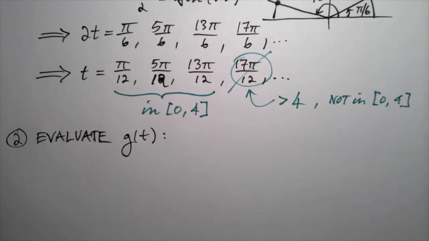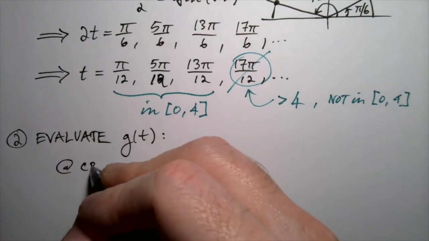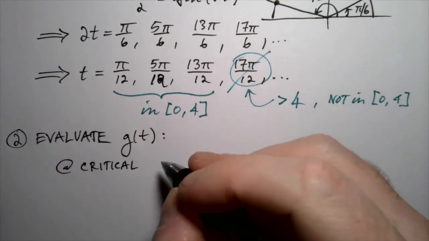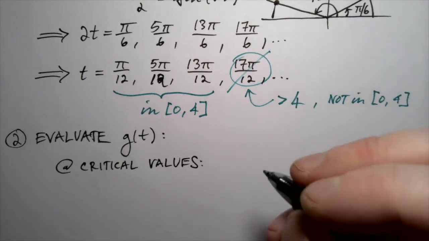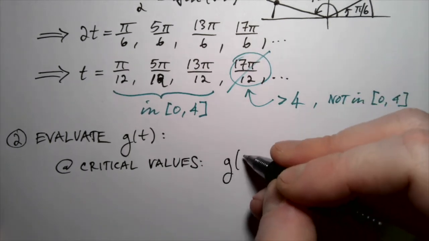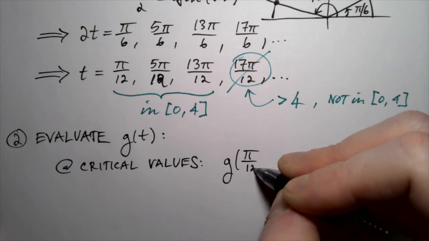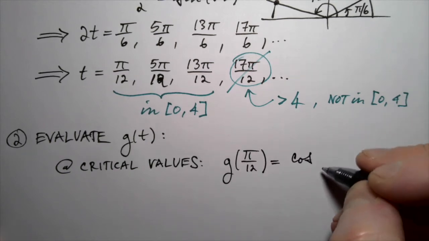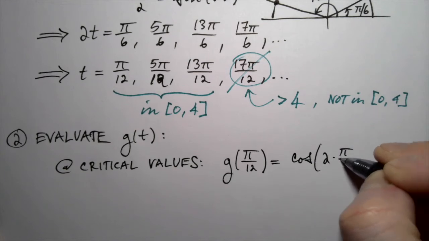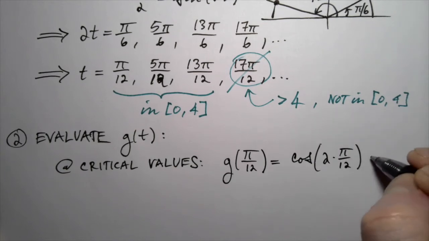Let's evaluate the function. First of all, if we evaluate the function at those critical values, what do we get? There's 3 of them that we need to plug into the function. So what's g of π/12? Well, that would be cosine of 2 times π over 12 plus π over 12.